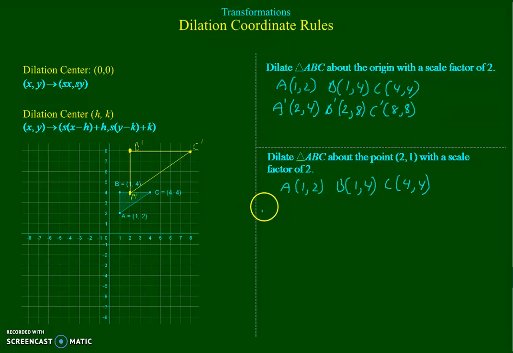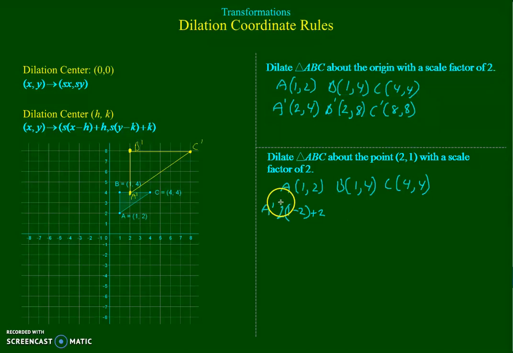So A prime is going to be, first thing we want to do is take the point, subtract off the x-coordinate of our center, multiply by our scale factor, and then add back that x-coordinate of the center of dilation. So it's minus 2 plus 2.